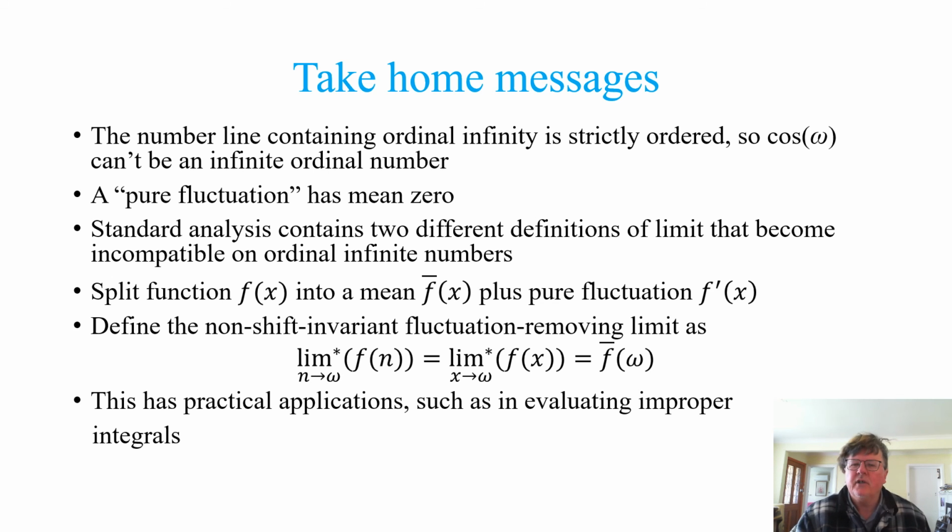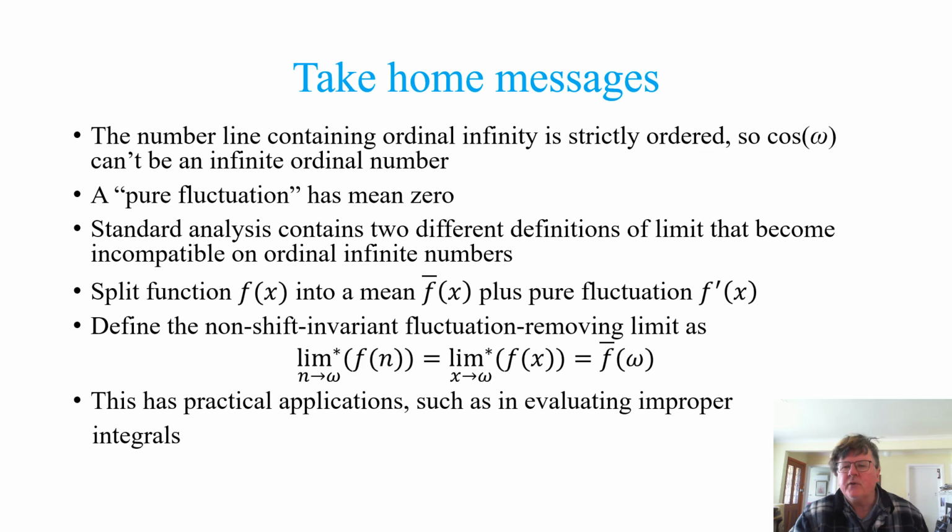Take-home messages. The number line containing ordinal infinity, that's say, if you're talking about the axis of a graph, for instance, or the limits of an integral, is strictly ordered, so cos of infinity can't be an infinite ordinal number, even though infinity squared is.